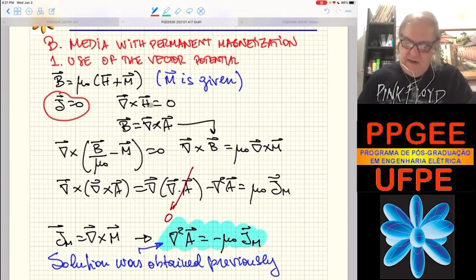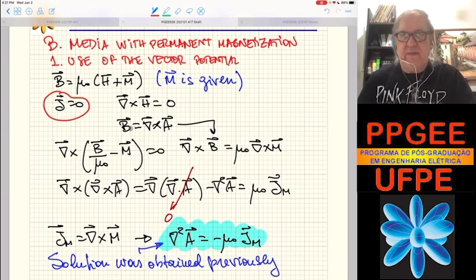So we have here J equals 0 again, curl of H equals 0. Also divergence of B is 0, B is solenoidal, so B can be written like this.